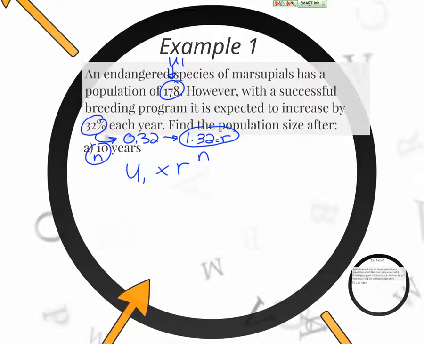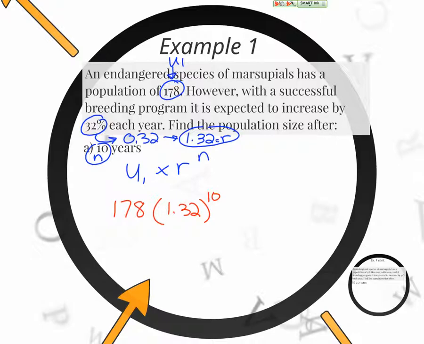So we're looking at what's our population after 10 years. Then we can put all of these things into our formula. So 178 times, I'm not going to actually use the x, I'm going to use parentheses, 1.32 to the 10th power. Now, if you want to put that all into your calculator, that should really be all right.